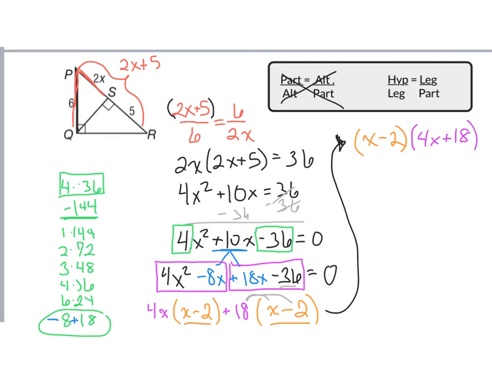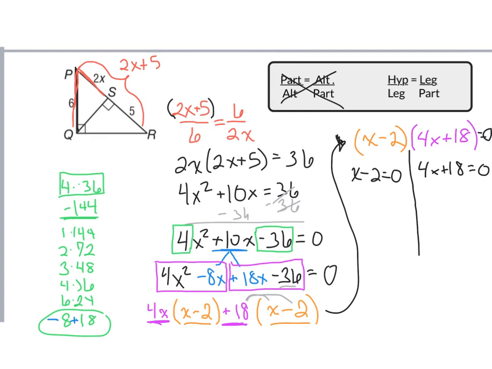That's where I got my second term from. And those equal 0. If two things multiplied together equal 0, that means one or both of them equal 0. So either x minus 2 equals 0, and or 4x plus 18 equals 0.